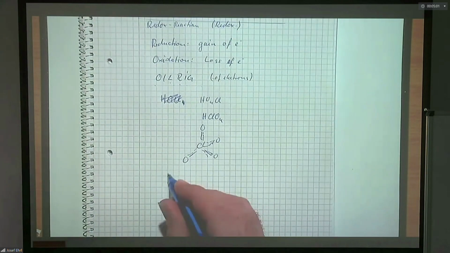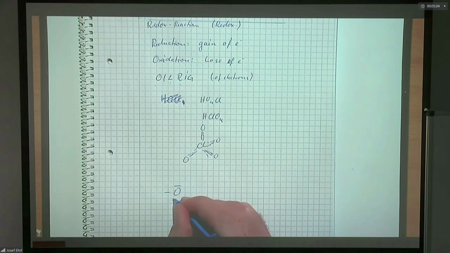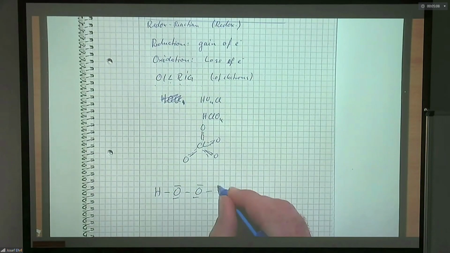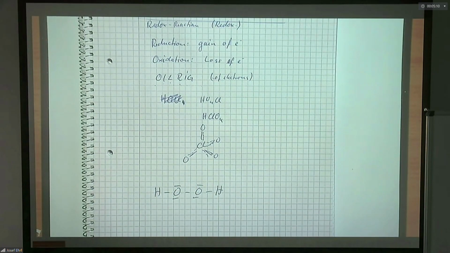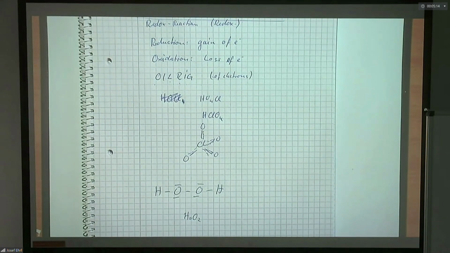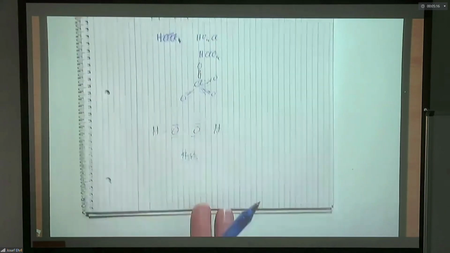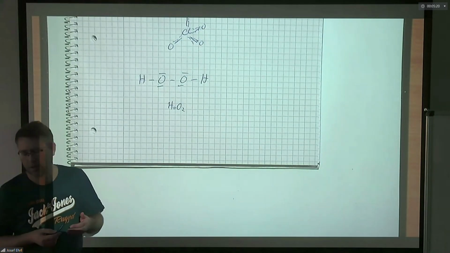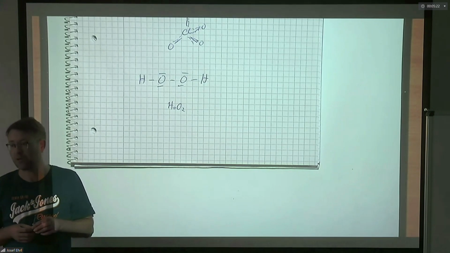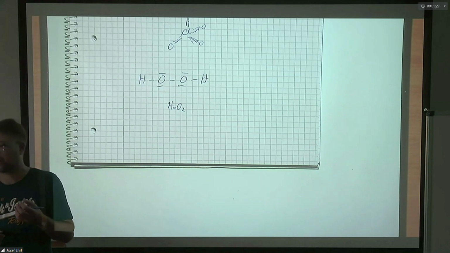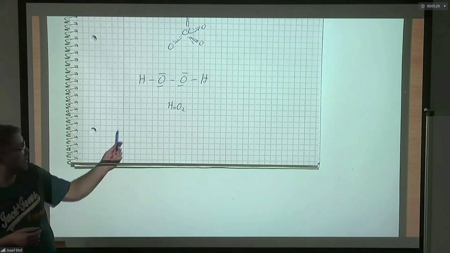So, like in this example, this would be the structure of hydrogen peroxide, H2O2. It's not a linear molecule. We know from the periodic table of elements that oxygen is the bonding partner with a higher electronegativity than hydrogen.